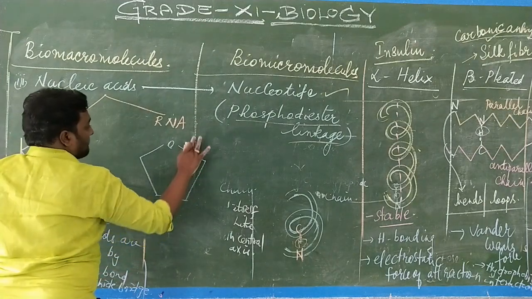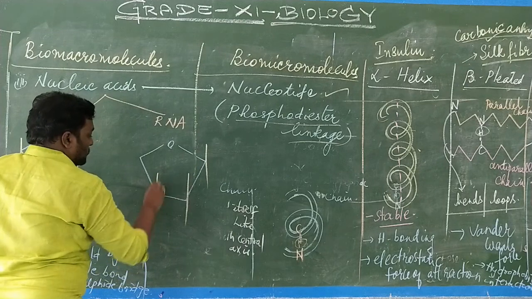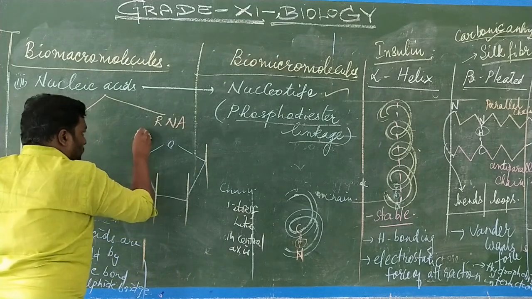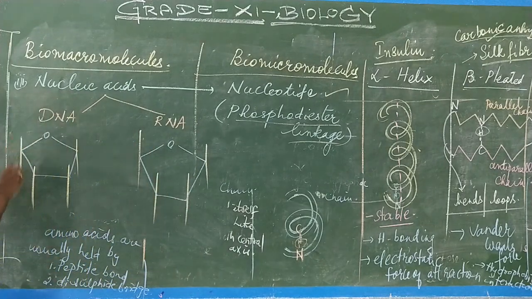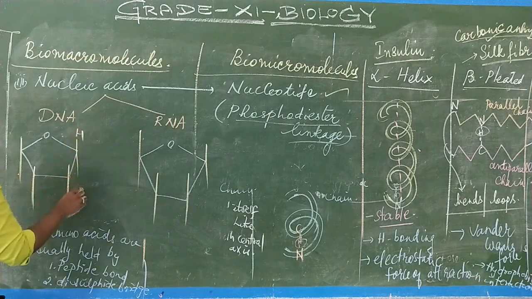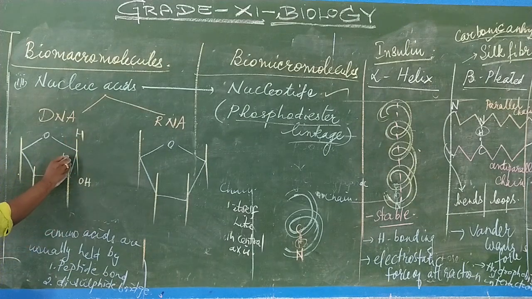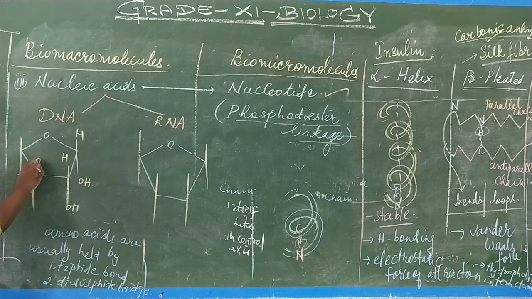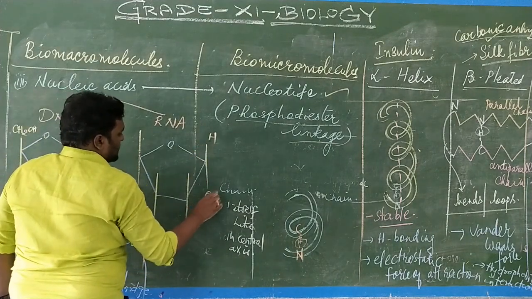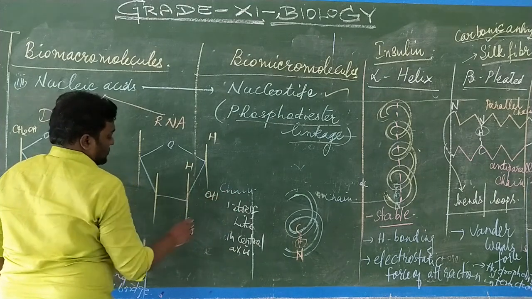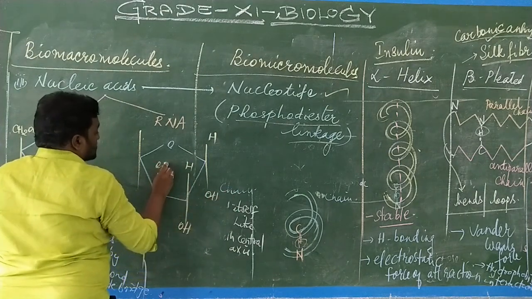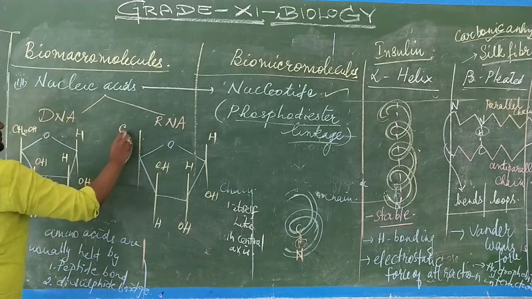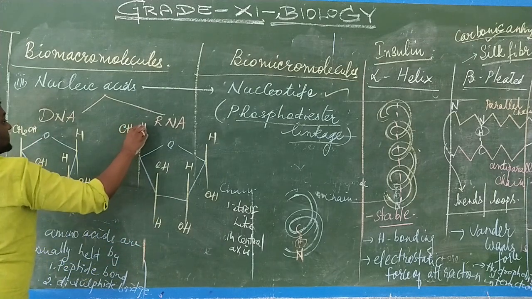Similarly 1, 2, 3, 4, here this is 5. Say for example, this becomes H, this becomes OH. This becomes H, this becomes OH. This becomes OH and this becomes H. This becomes CH2OH and this becomes H. Similarly here also H, OH; H, OH; OH, H; and CH2OH, H.